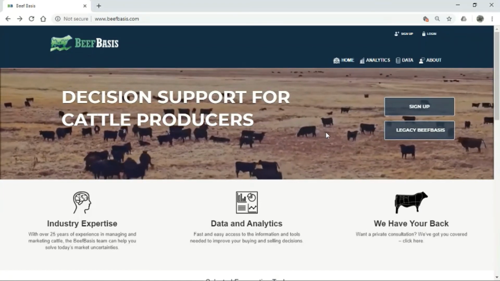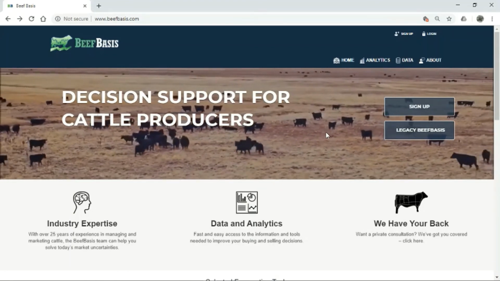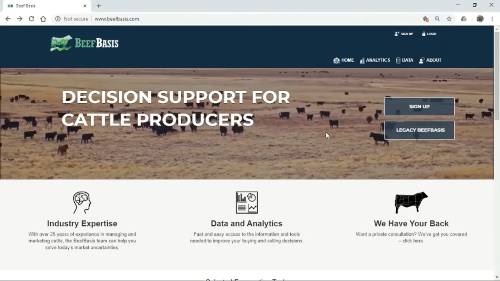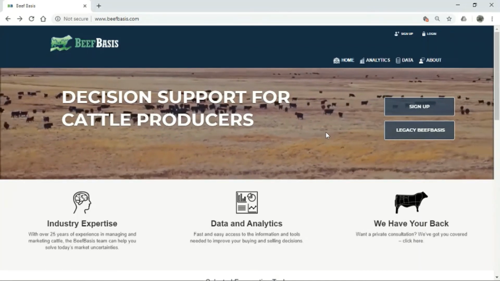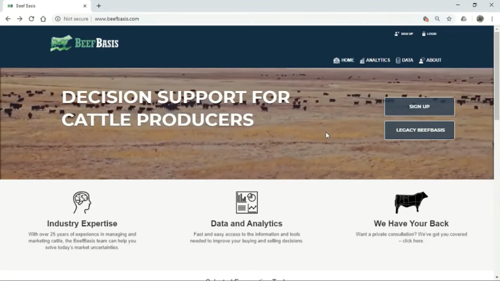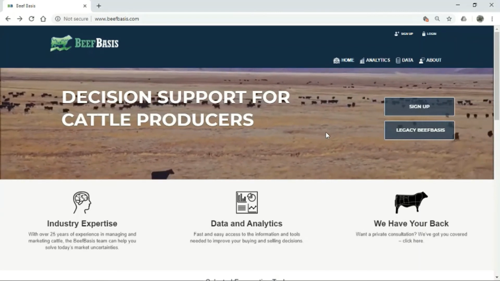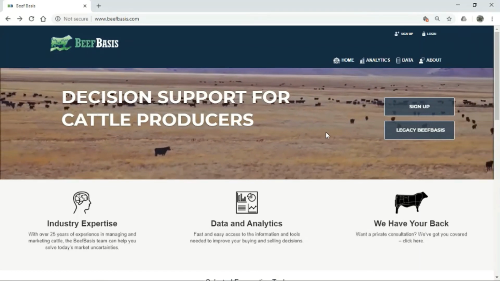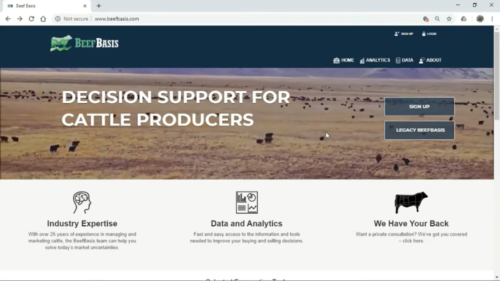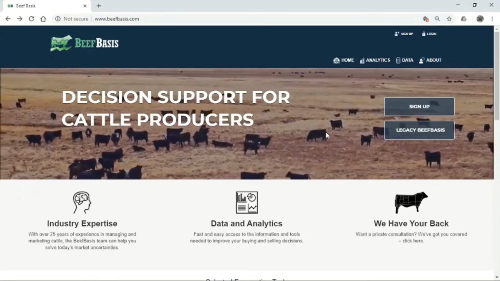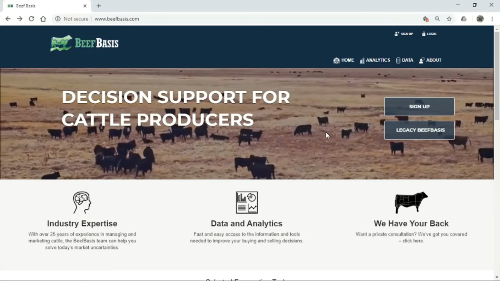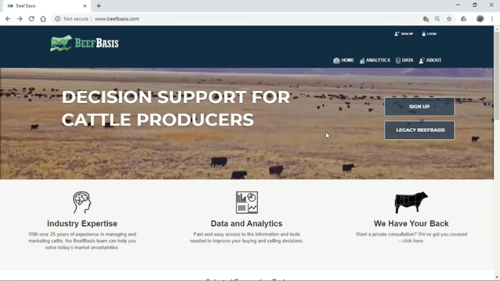Hence the need for beefbasis.com's price forecasting tool to help people understand the price expectation for calves that weigh something different than 800 pounds or will be marketed on a different date than the expiration date of the feeder cattle futures contract.